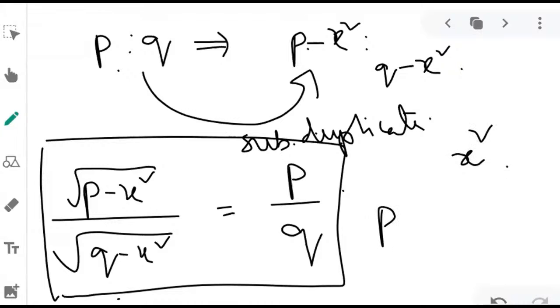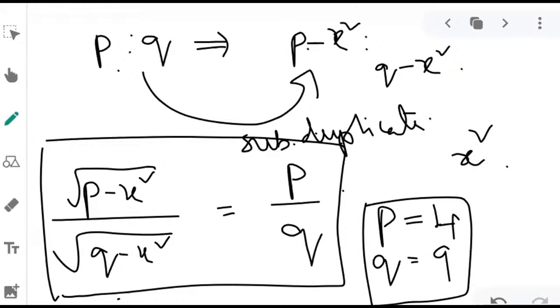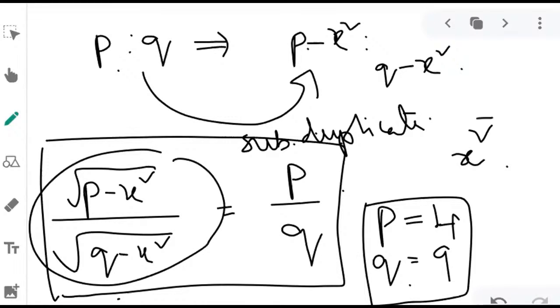Because these are under roots, substitute p is equal to 4 and q is equal to 9, and substitute in both the question and answer. Then you will get the value of x square for whatever is matching.